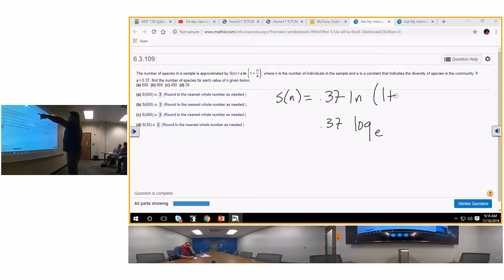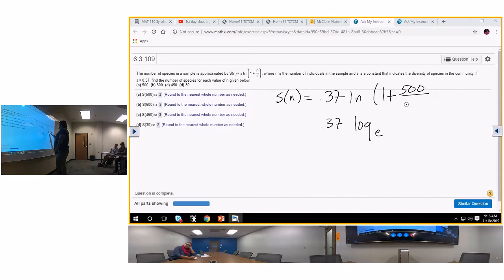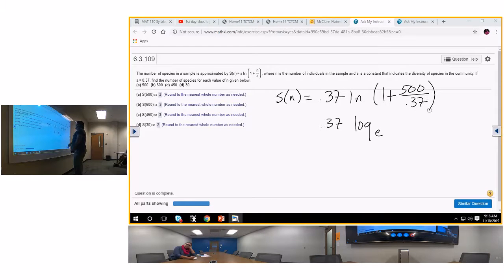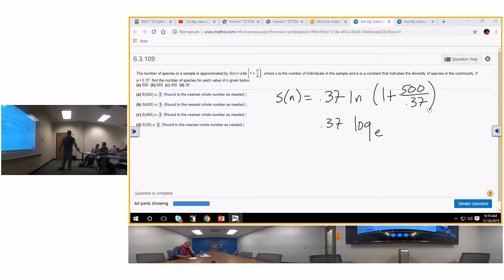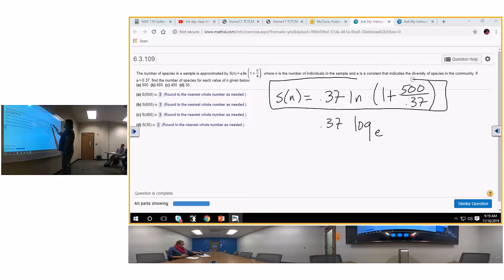They're giving you N as 500, over what? 0.37. So what is this after you plug and chug? Pre-algebra, pretty much. And you do it on what? Unless you're Rain Man, you do it on the calculator. So go ahead and type that in the calculator and see what you get.